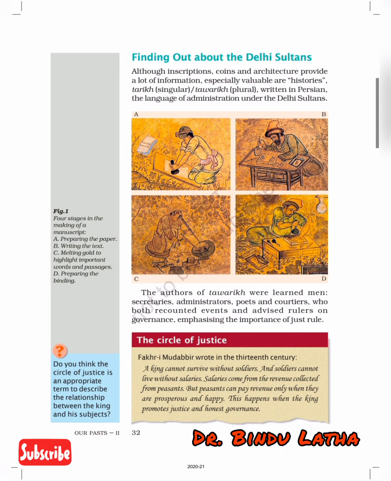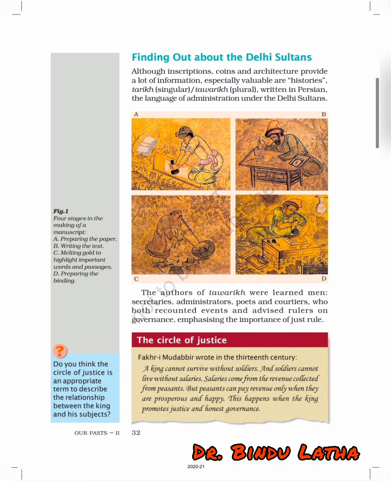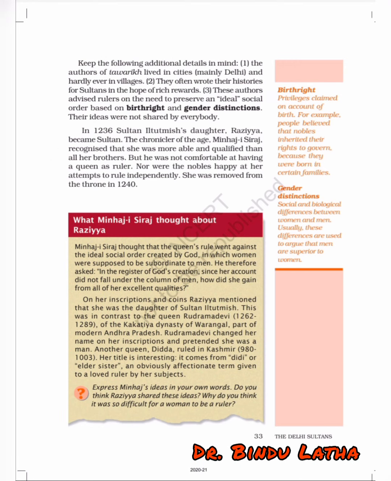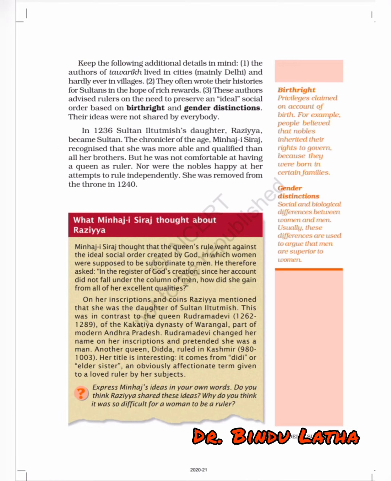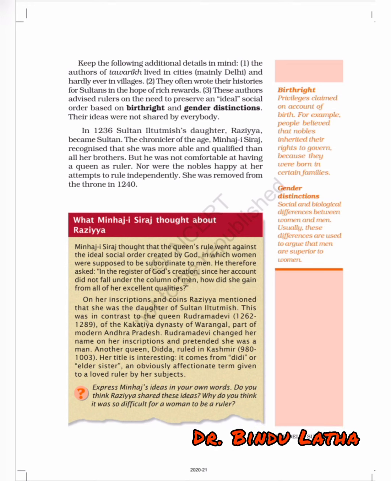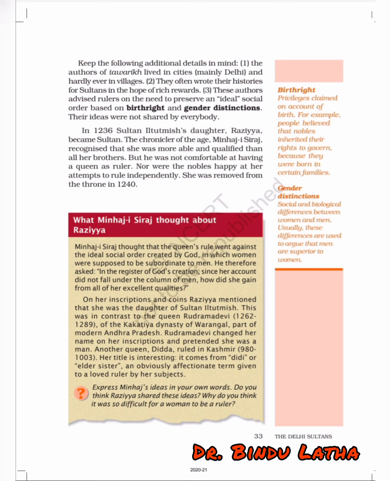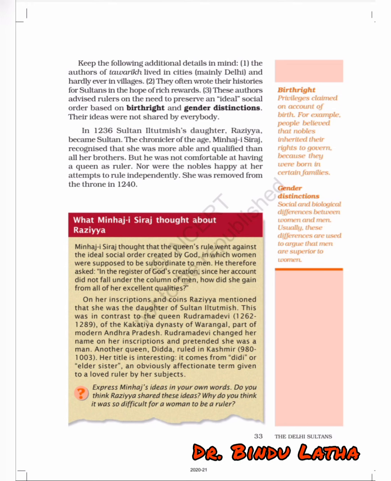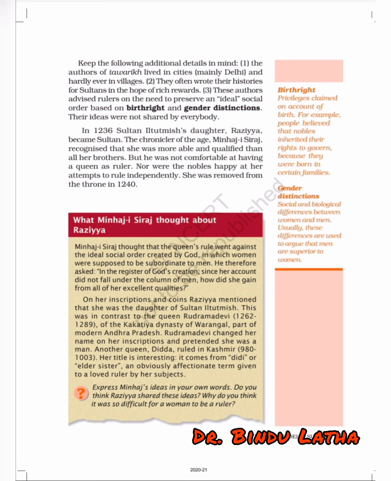For example, the chronicler Minhaj-i-Siraj mentioned in his account that Sultana Razia was more capable than other male sultans. So from this writing, we understand he was never influenced by gender distinction.